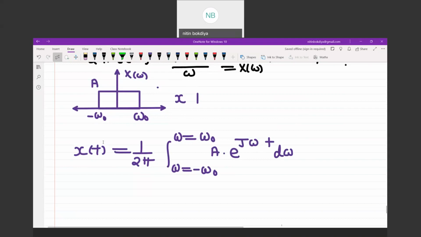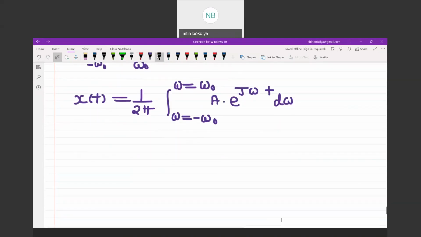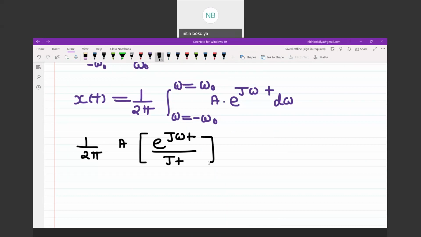So can I say its integral will be 1 over 2 pi integral of a, and integral of this function will be e to the power j omega t divided by jt from omega equal to minus omega naught to omega equal to omega naught.